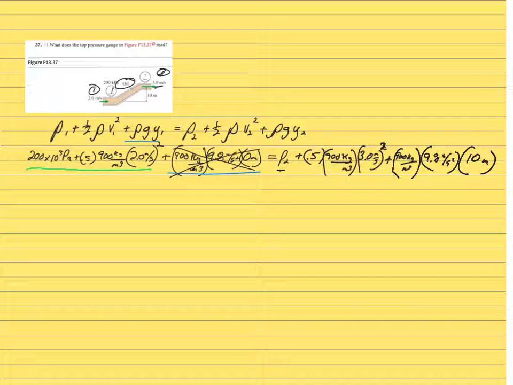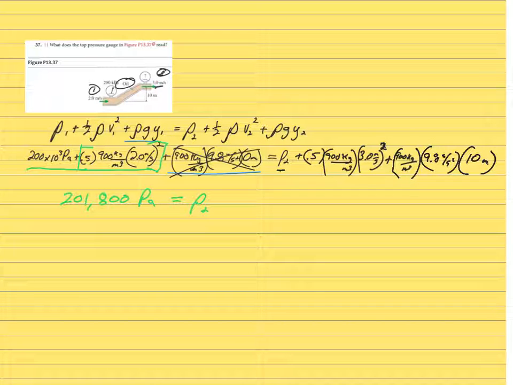And I believe after you do this piece and add it to that piece, I got 201,800, and these are all pascals. So now I'm at equals P2, the question mark.